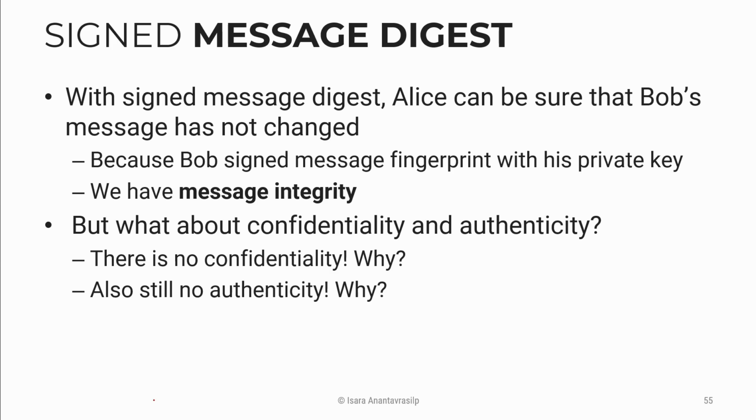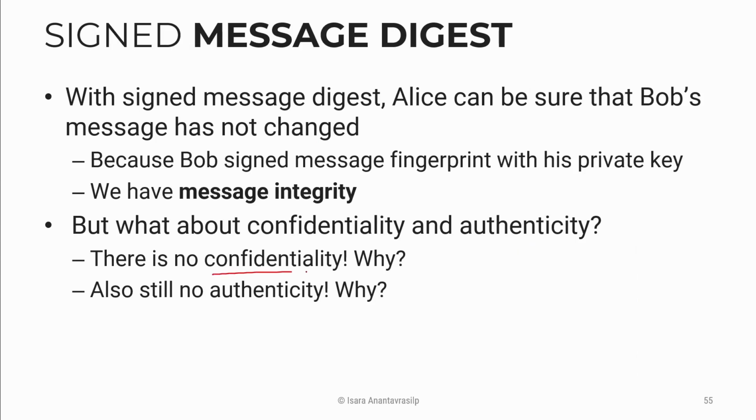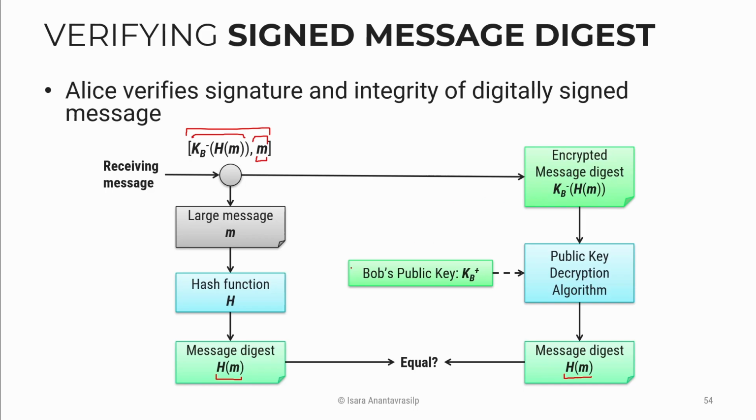But if you may recall, you are sending the entire pair, which is this part and the original text. That means that we don't have confidentiality. And still, here's a million-dollar question: how can we be sure that this public key is actually from Bob?